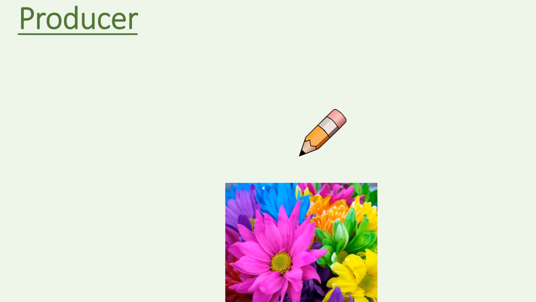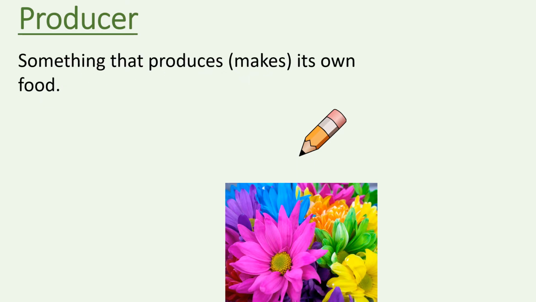Firstly, let's look at the words you need to know, starting with producer. So you should have learned what the word producer is in previous years, so pause the video and try to write down a definition of producer. So the answer is that a producer is something that can produce and make its own food. So how do we think that producers make their own food?